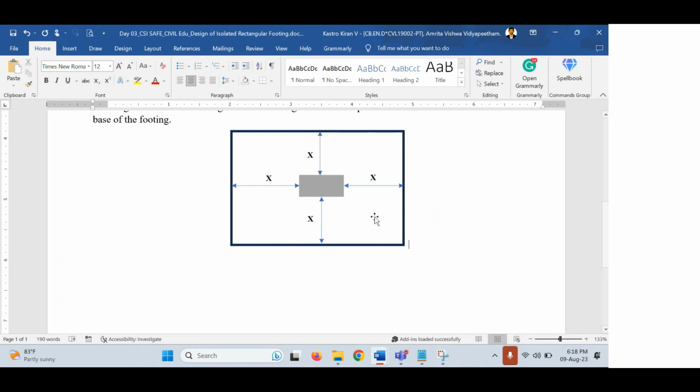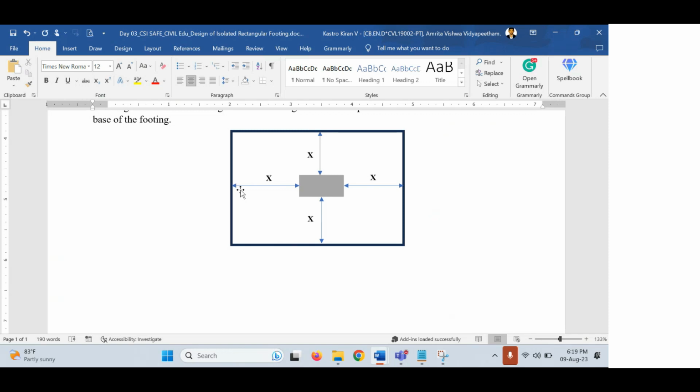So to ensure uniform pressure distribution at the base of the footing, the value of x, which is called the projection, should be the same on all sides of the column. This is important, especially when you're going with software design, CSI SAFE software design; these things are very much important.